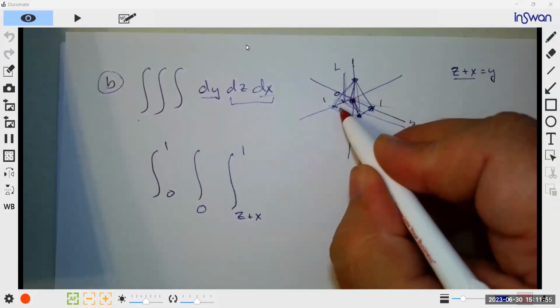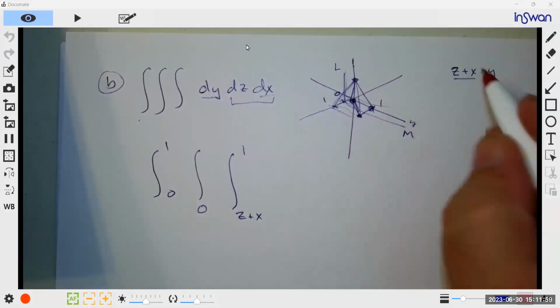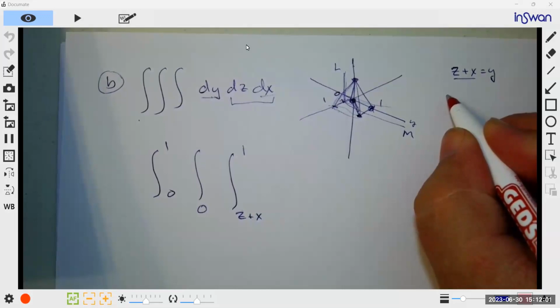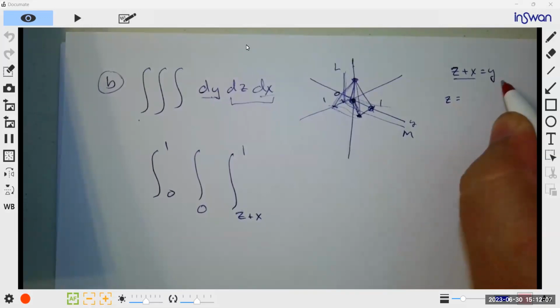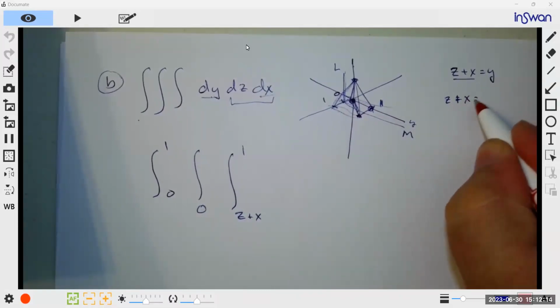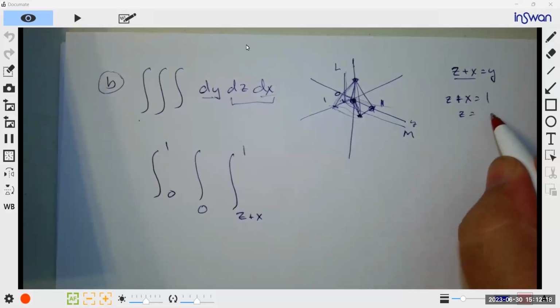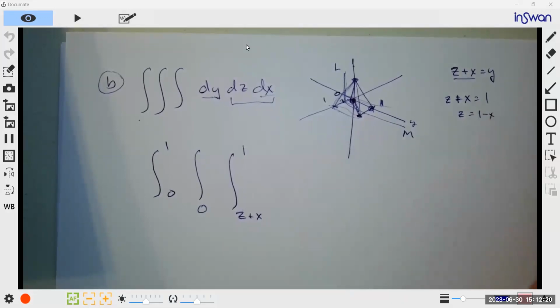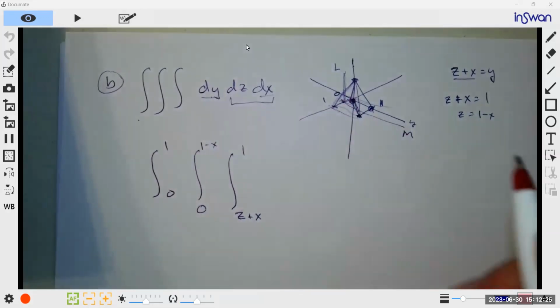Now if we forget what that line is, the equation of that diagonal line, well, we know that: z plus x equals 1. On the z-axis, we have 1 minus x. That's where it leaves.